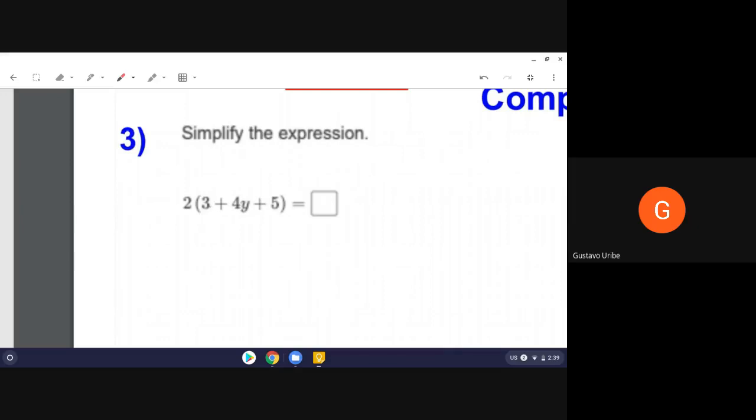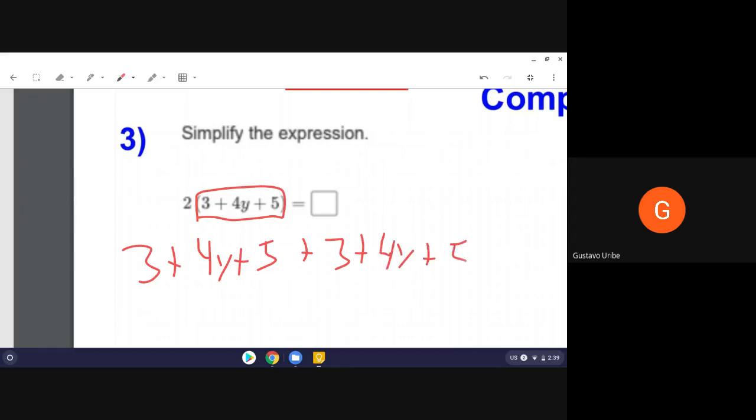So 3 of something, you're getting 2 orders of that. You're getting 4 of something, you're getting 2 orders of that. It's like if I took this and I wrote it 2 times. So there's 1 time, and now I'm going to write it again. Just remember, multiplying is a faster way of adding.